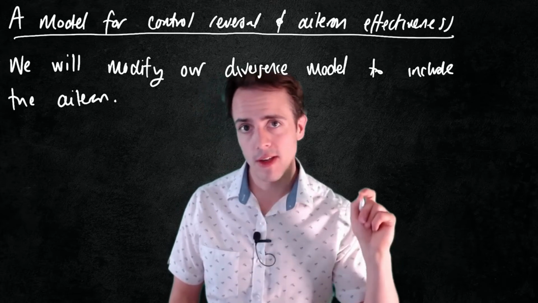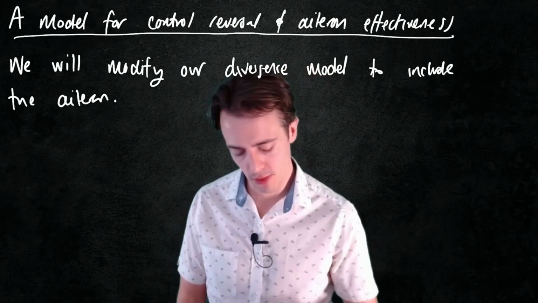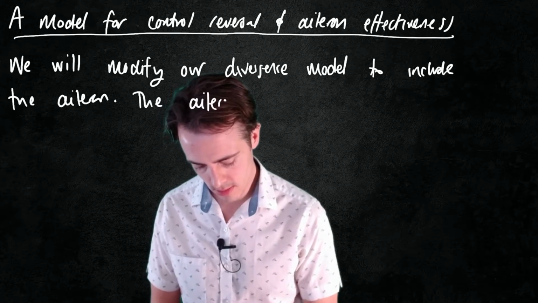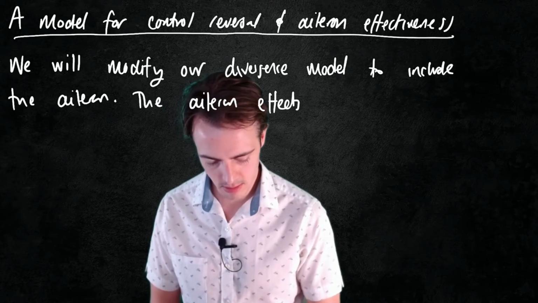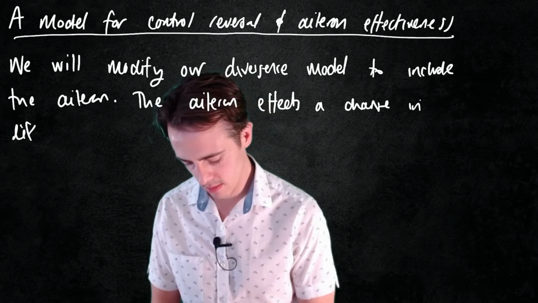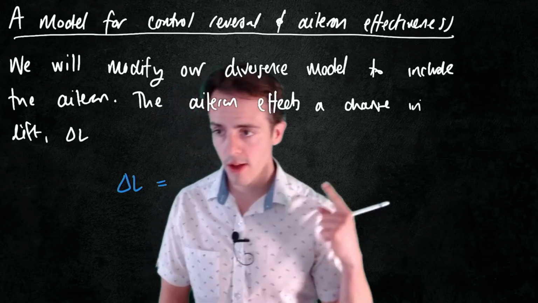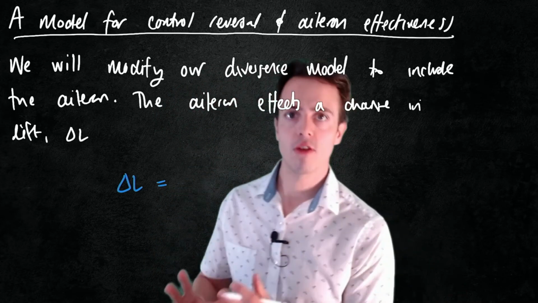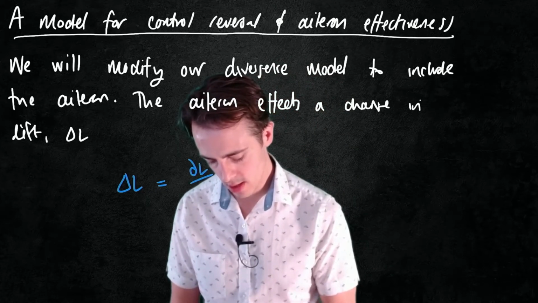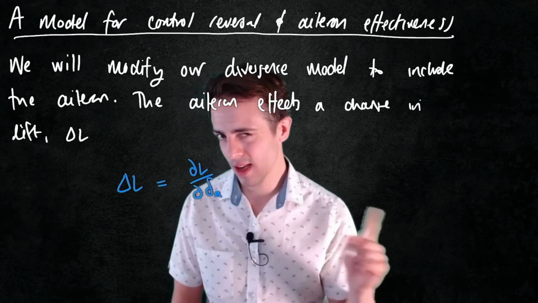We know that the aileron is designed and desired to produce an increment in lift, which we call delta L. And we'll say that delta L is going to be equal to whatever the actual increment in lift is due to the aileron deflection, so dL by d delta A. I keep messing up aileron and elevator.